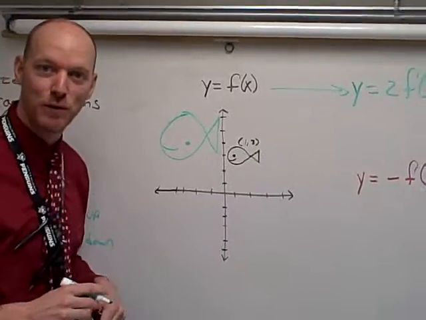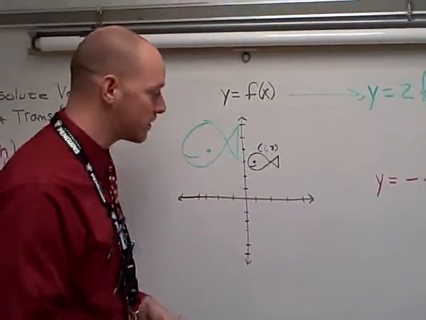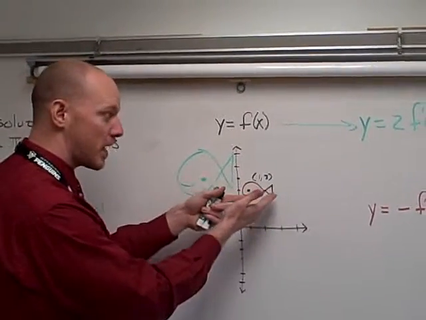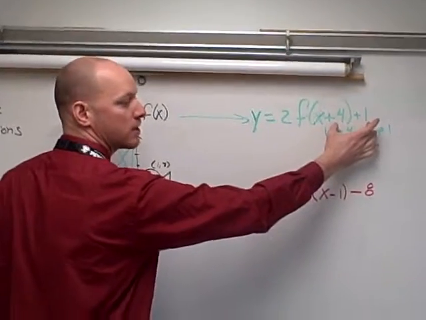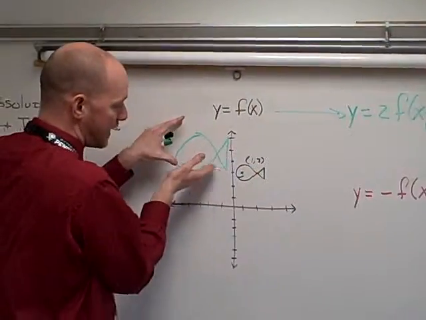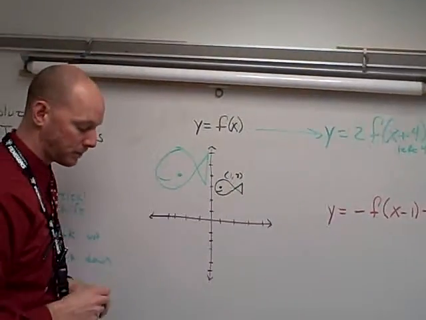His eye is not perfect, but that's the best I can do with my artistic ability. The point here is that the fish shifted left 4 and up 1 because of what our manipulations algebraically were, and then it doubled in size because our value was greater than 1.